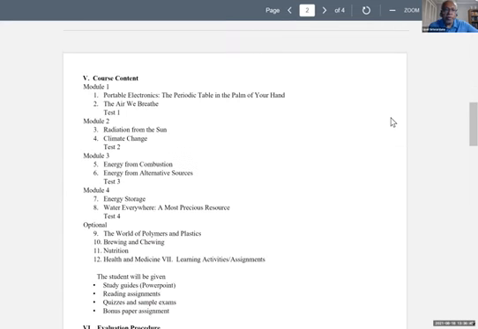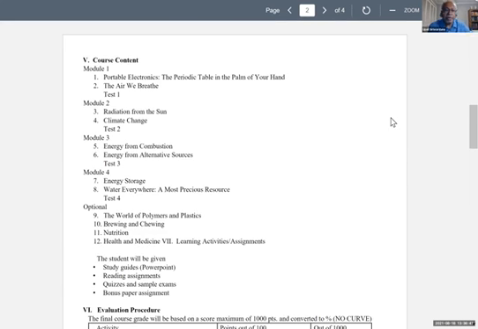The course content we cover in Chem 101 is based on chapters 1 through 8. The first test is based on module 1, covering chapters 1 and 2.